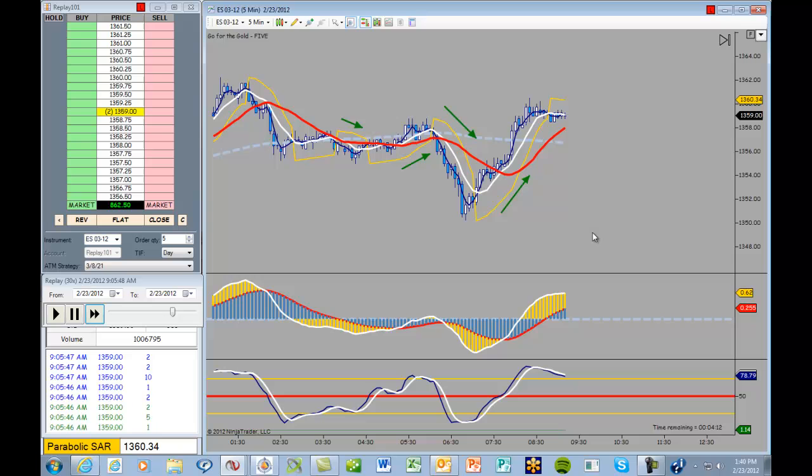This is fairly typical when you get a real strong rally. It takes a little time for the longer moving average to catch up. The price tends to go sideways while it's waiting.